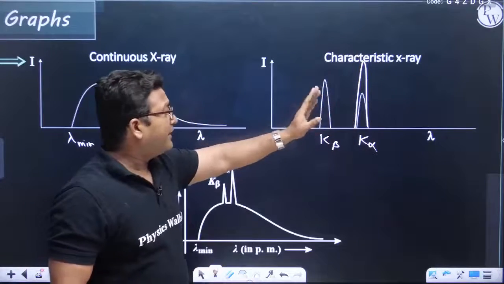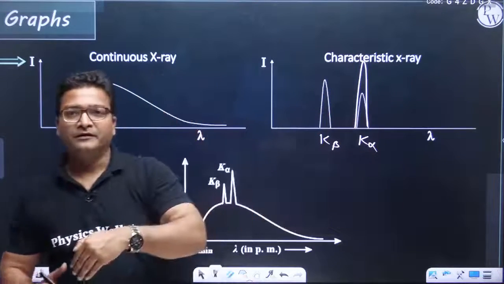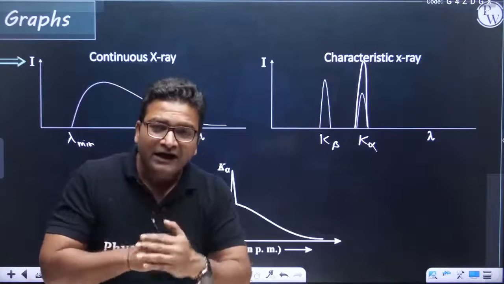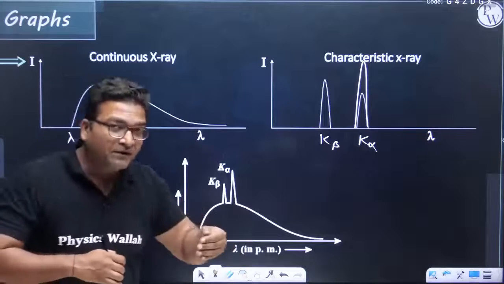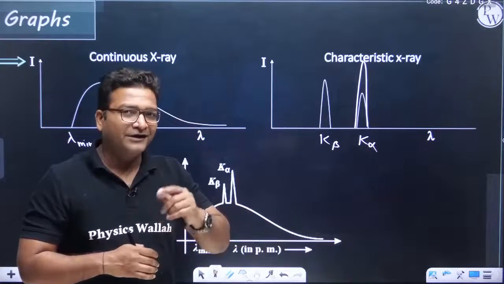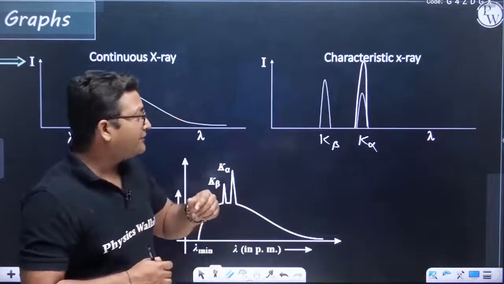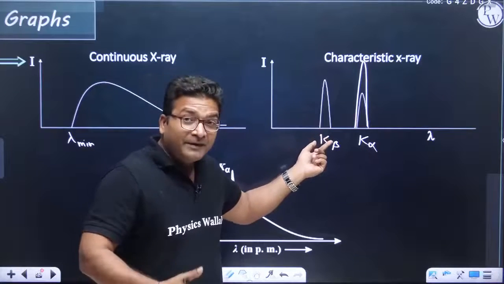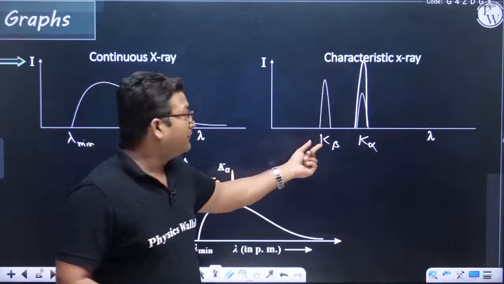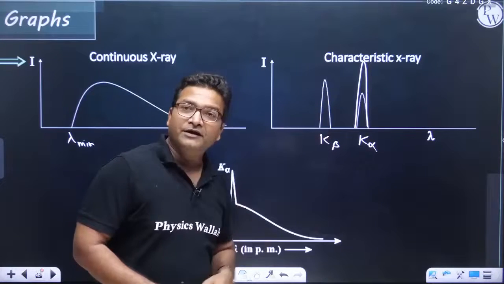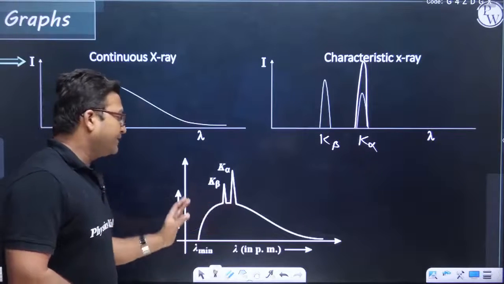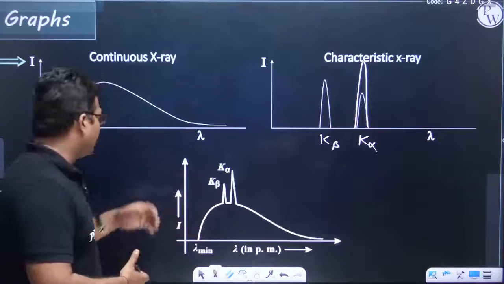Because K alpha is more probable. It's very logical. If you have a vacancy in K shell, it's very likely that it is filled by an L shell electron but not by an M shell electron. So cases of K beta are very few. That's why, even despite having bigger energy, we have low intensity corresponding to K beta X-rays. So this is actually a superposition of these two graphs.